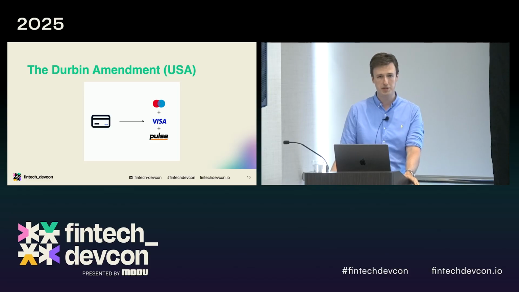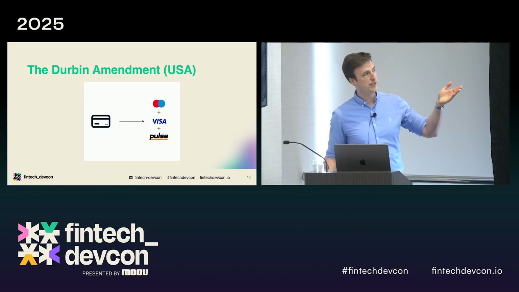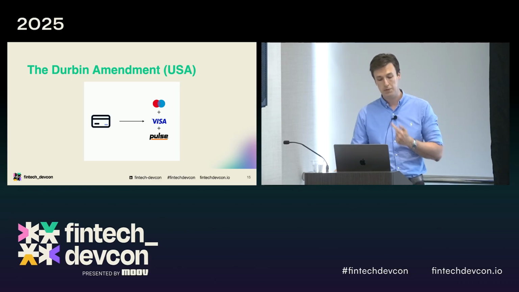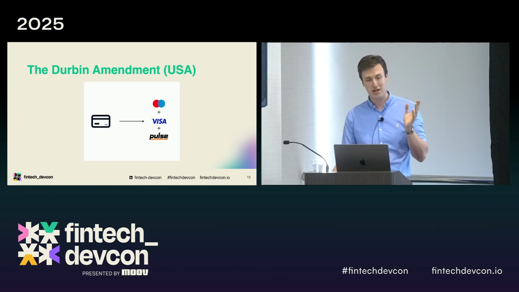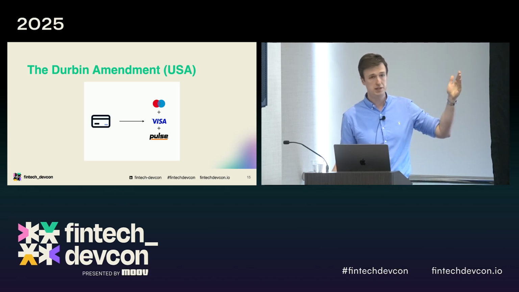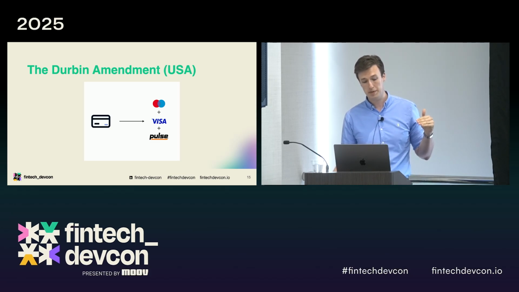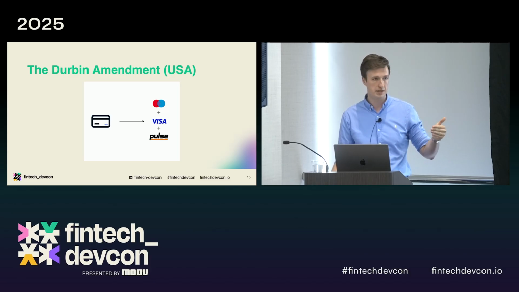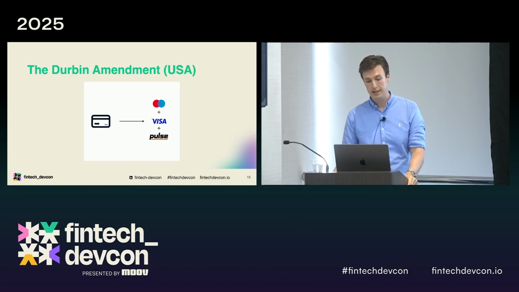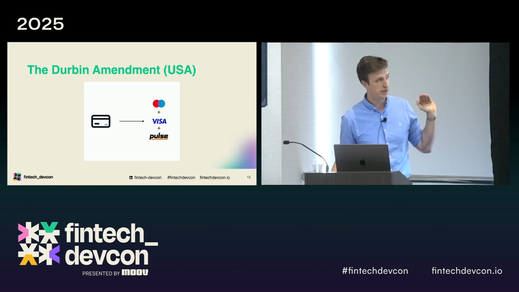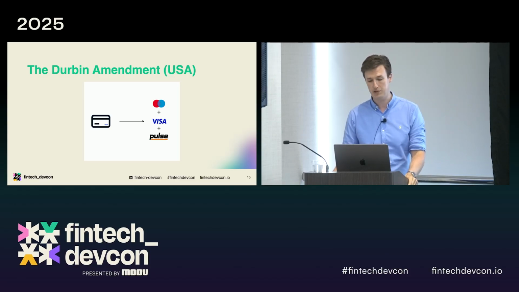Usually those are not printed on the card. So what that means is that if you get this card and it shows Visa and you know it's a debit, it will definitely also have another scheme on there, such as Maestro or Pulse. It could also have an affiliated scheme on there, like Visa and Visa's Interlink, but then it also needs another scheme on there that is unaffiliated with Visa. And of course, this gives us more options to route our payment, because now we don't only have to go to Visa, but we could also go to Pulse, for example. So we have more options.